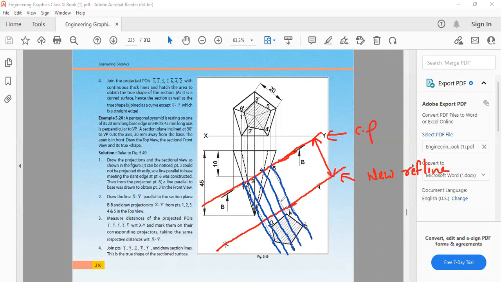When you draw the projection lines, be very careful, as I told you yesterday. The projection lines are parallel to each other and perpendicular to the new reference line, that is, perpendicular to this cutting plane.